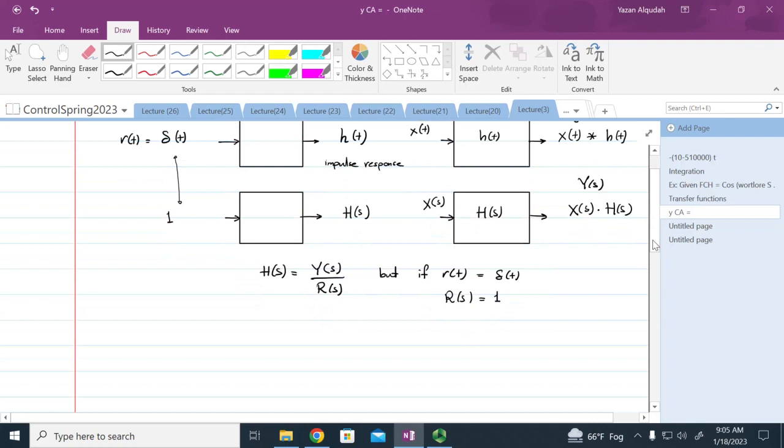And therefore, h of s is going to equal y of s. Does that make sense? So what that says is the following.